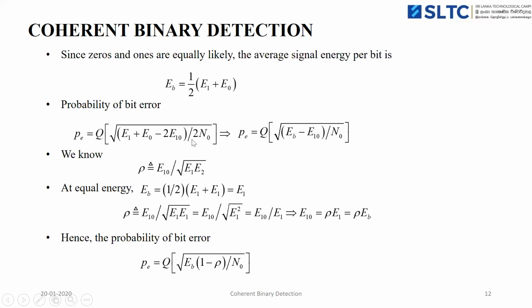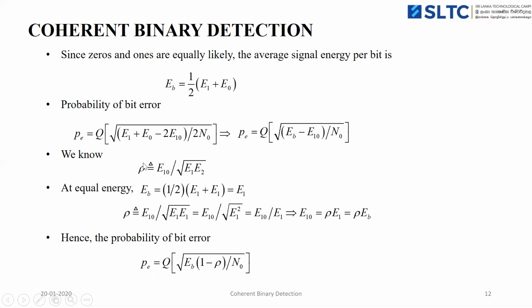And here we can replace E1 plus E0 by 2 Eb. So 2 Eb minus 2 E10 divided by 2 N0. In numerator 2 and denominator 2 cancel. Finally, the probability of error for coherent binary detection is Q of square root of (Eb minus E10) by N0.